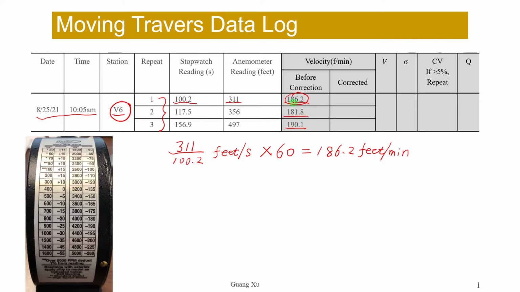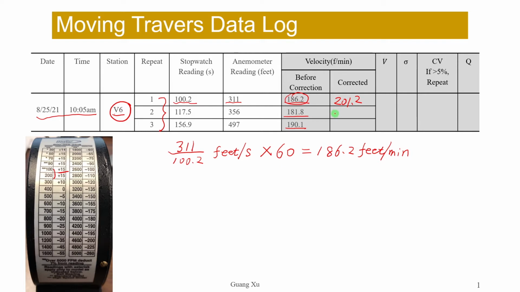Then we will correct the velocity based on this correction chart. The first value, 186.2, lies between 100 and 200, and the correction factor is plus 15. So the corrected value is 186.2 plus 15, which is 201.2 feet per minute.